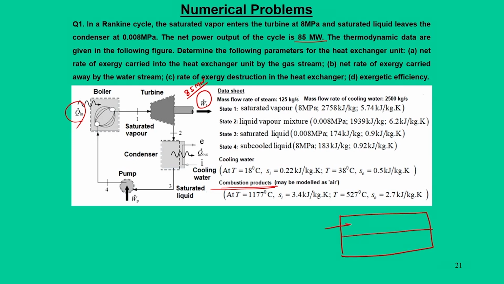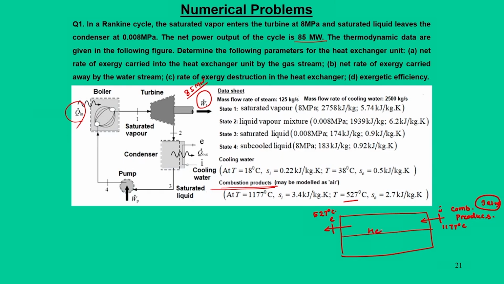in which the combustion products come in at a state of 1177 degree centigrade, that is the inlet state, and go out at 527 degree centigrade, again at 1 atmosphere.